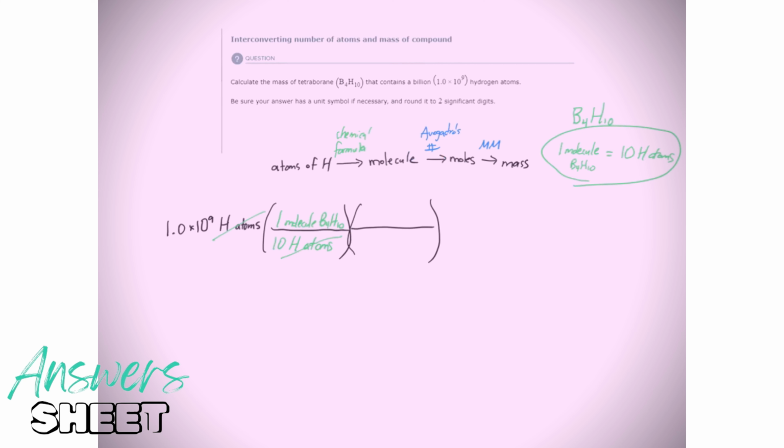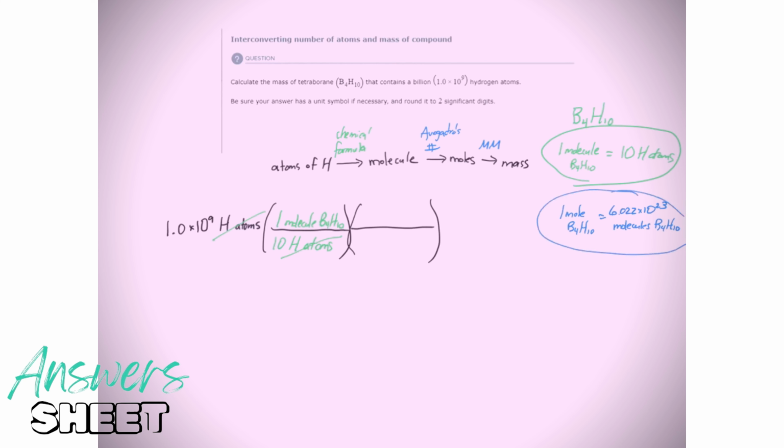So what is that next conversion factor? Well, 1 mole of B4H10 is equal to 6.022 times 10 to the 23 molecules of B4H10. That's our second conversion factor.